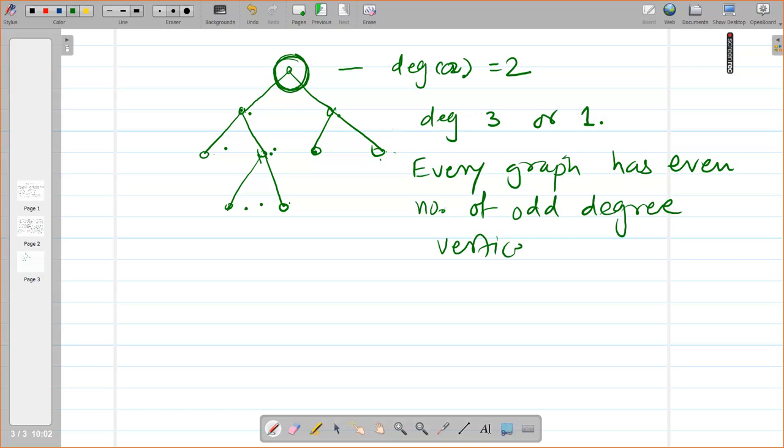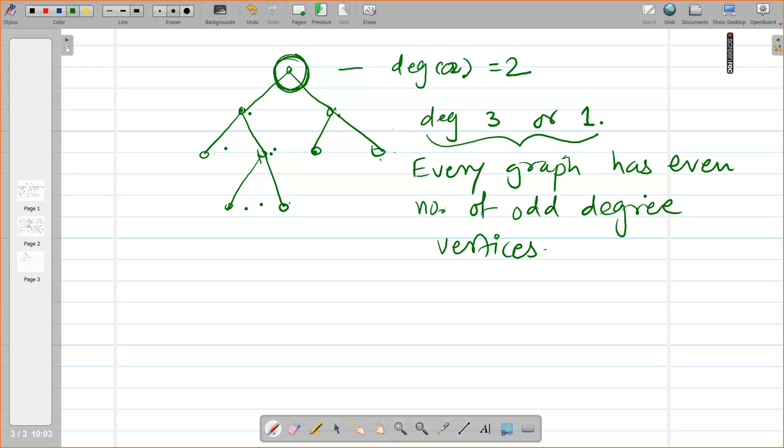Do you remember this theorem, girls? After the handshaking lemma, we had this theorem. Every graph has an even number of odd degree vertices. Do you remember? I want answer. Yes, ma'am.